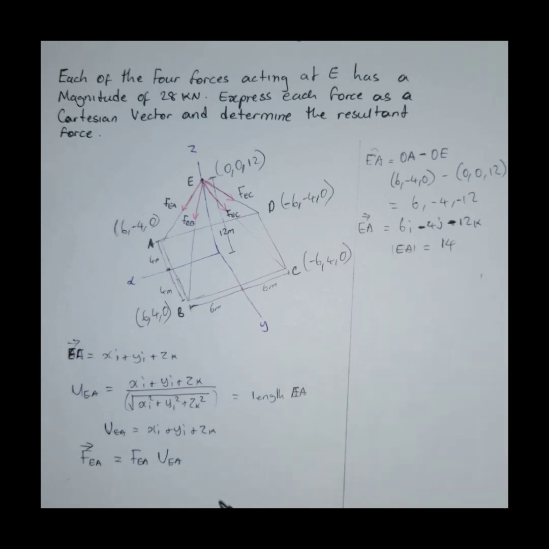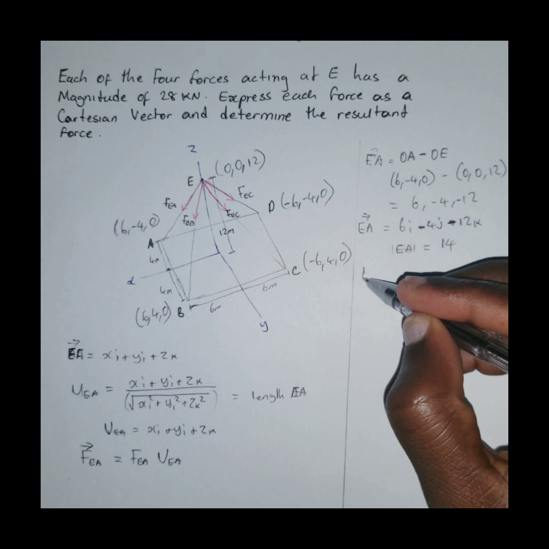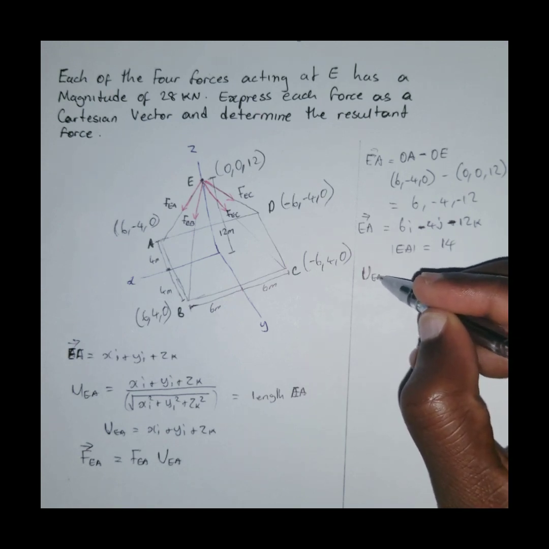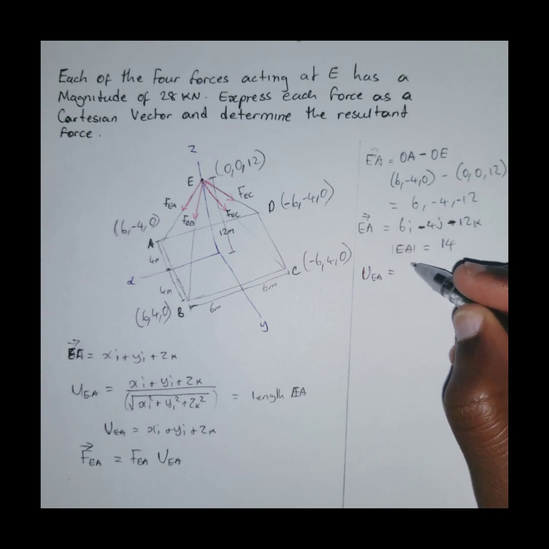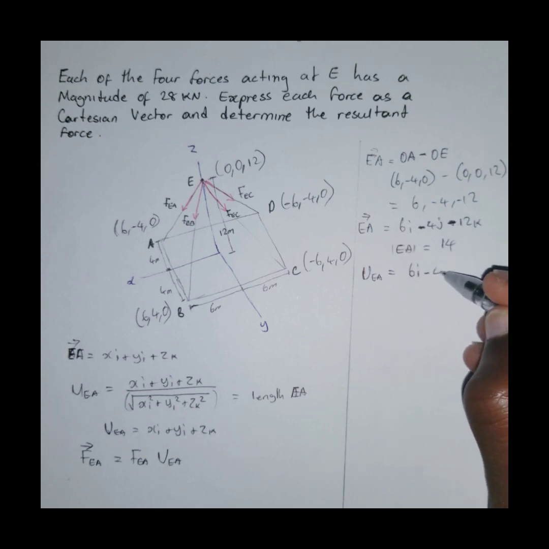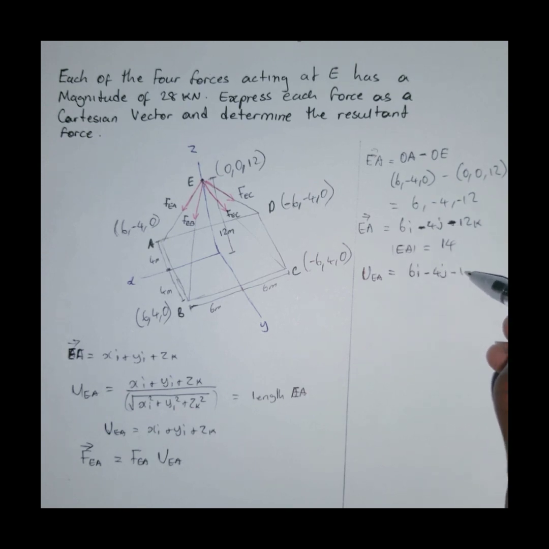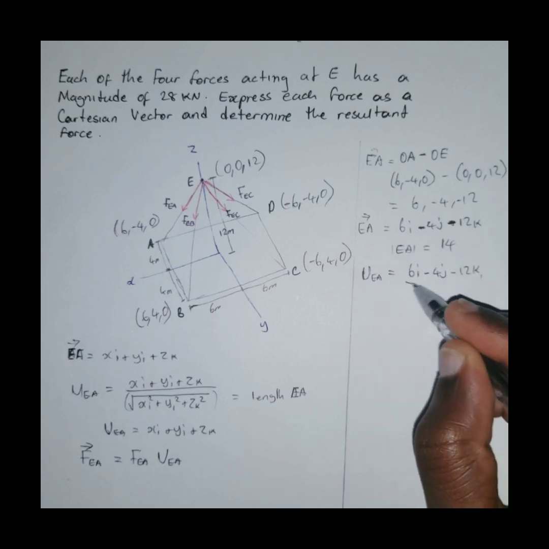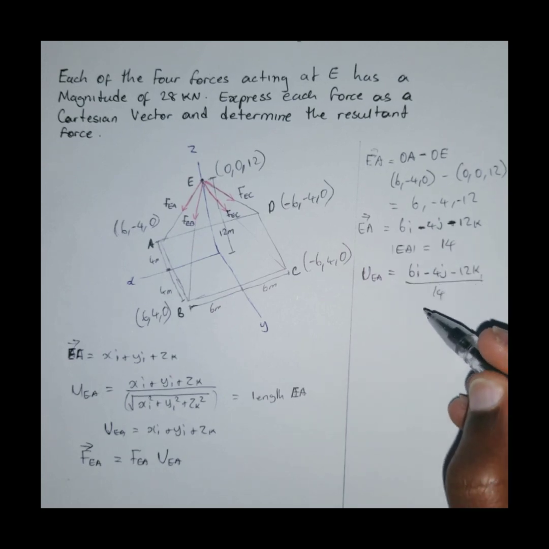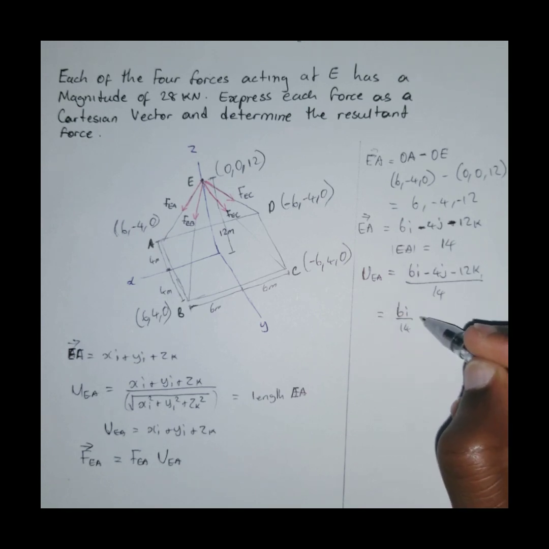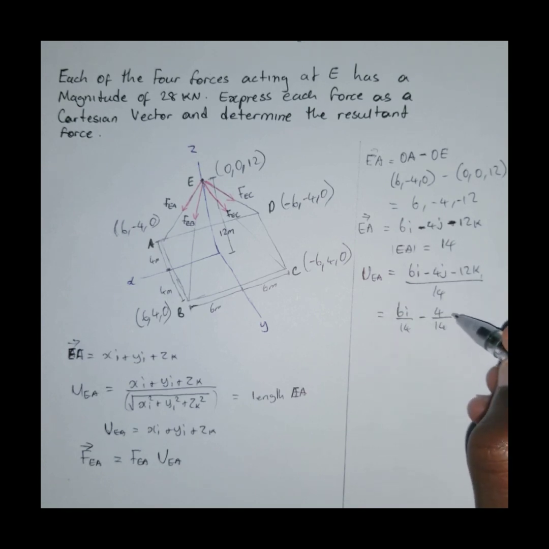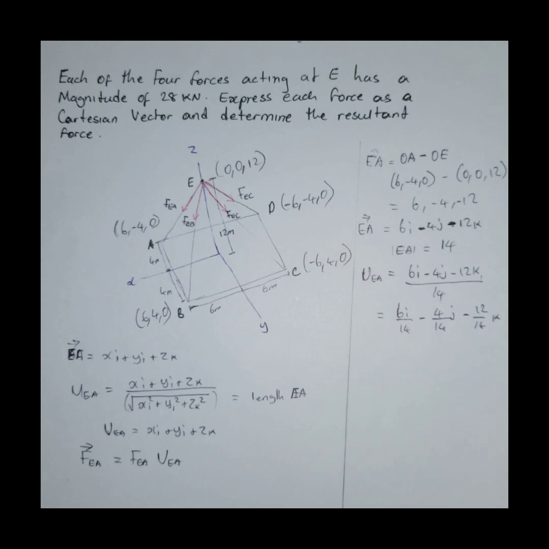So our unit vector UEA would be equal to 6i minus 4j minus 12k over 14, and this gives us 6 over 14 i minus 4 over 14 j minus 12 over 14 k.